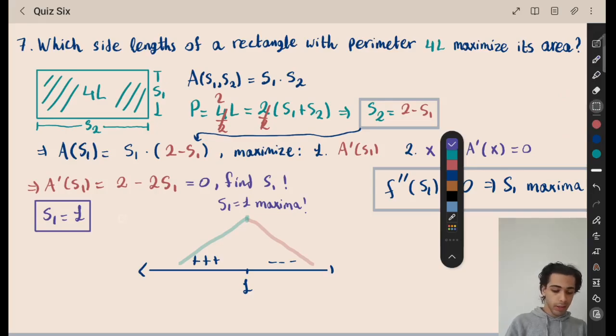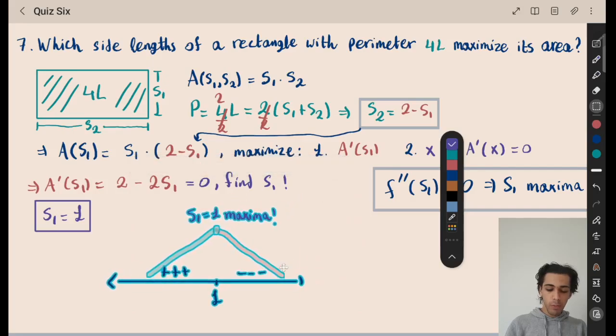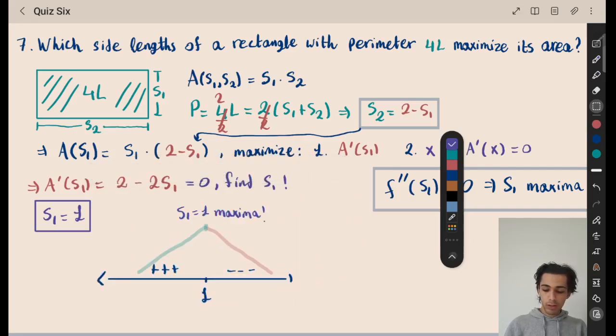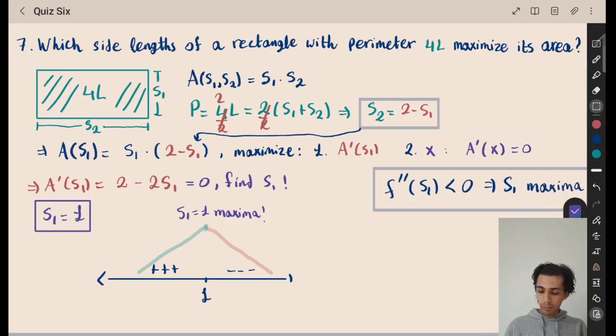So there are two ways to check that this is a maxima: either using this fact or that fact. You plug in some values and you do some analysis, and then you make your nice conclusions.